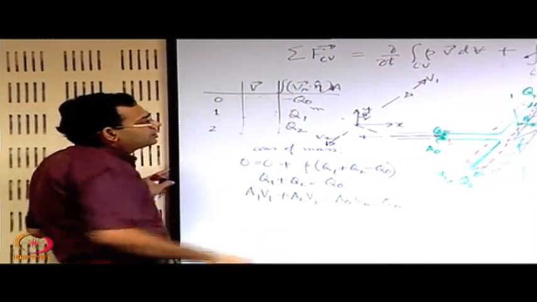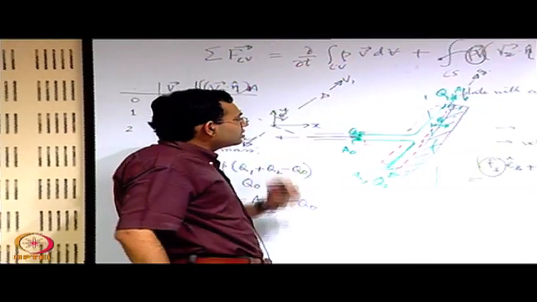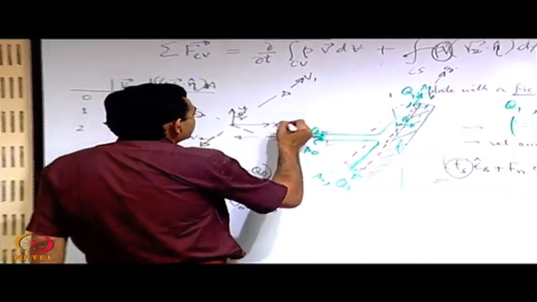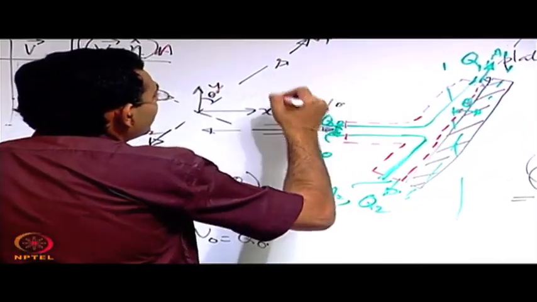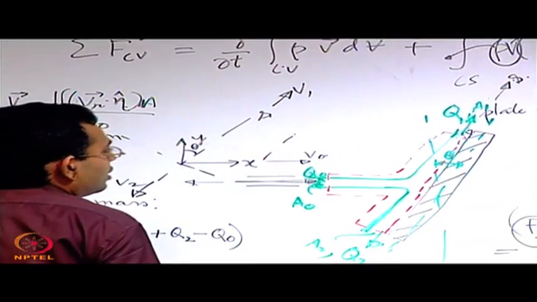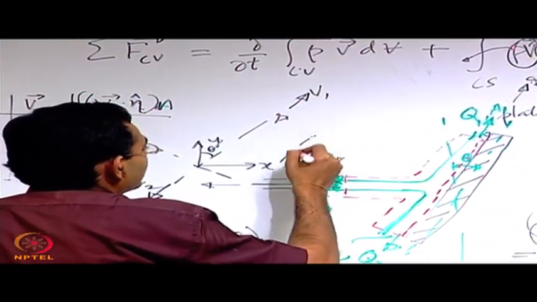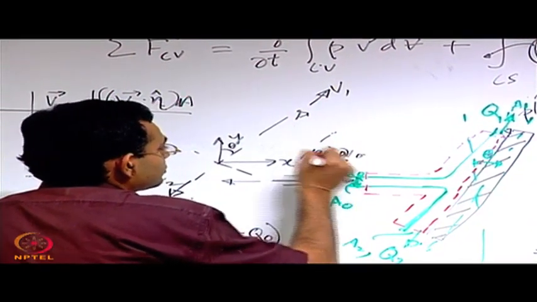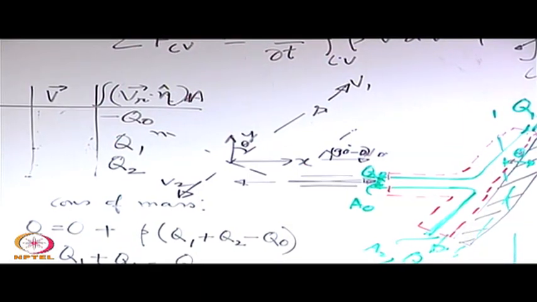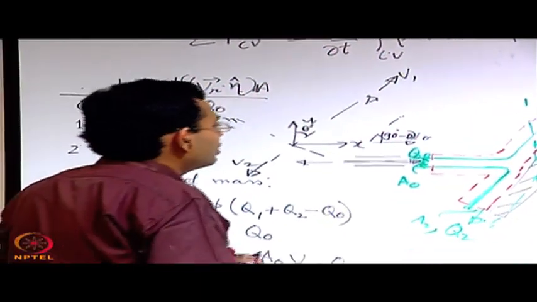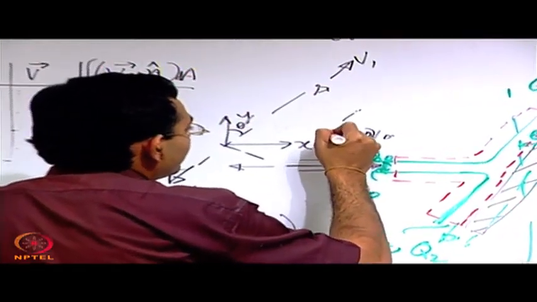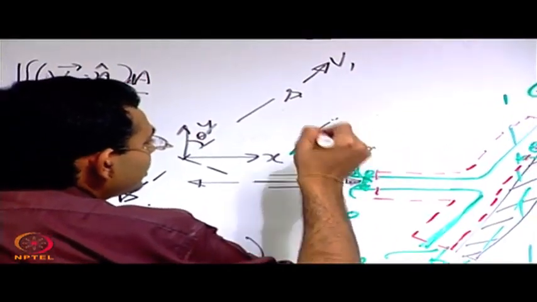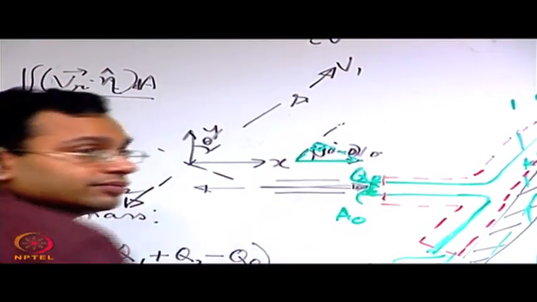You have a velocity at section 0, V0, you have a coordinate s like this and a coordinate perpendicular to that as n, and it makes an angle of 90 degrees minus theta with this one. So, you can resolve V0 into components along s and n. Typically the resolution will look like this, along s, along n, and the resultant is this one.